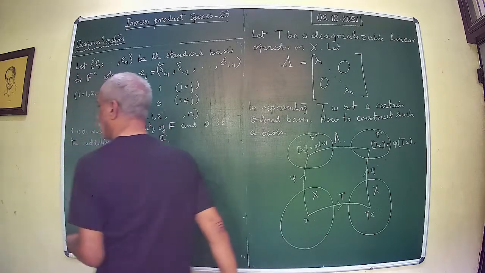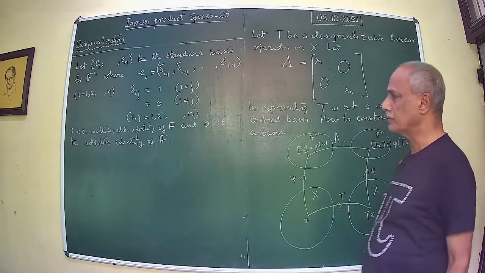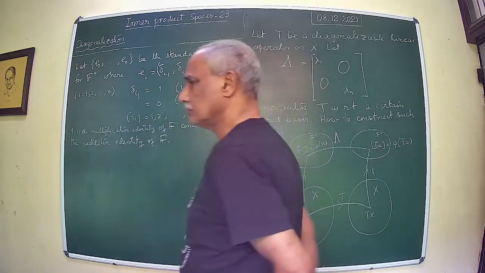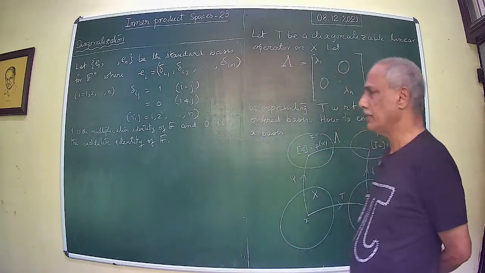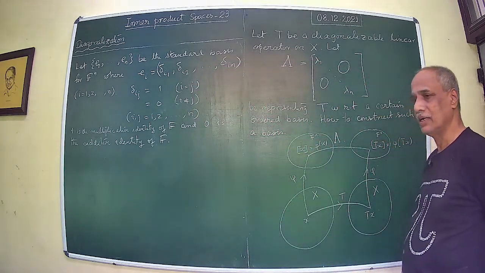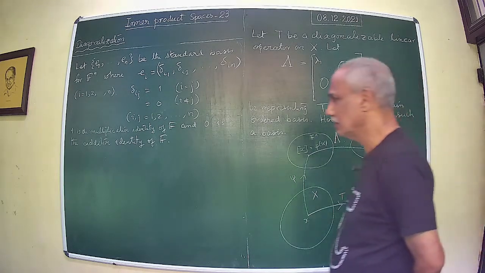In fact, when F is R, C or Q, etc., then it is going to be the usual 0 element and the unit element 1.